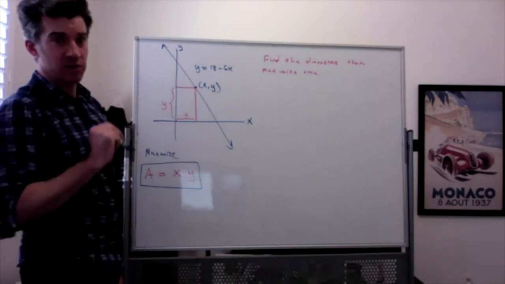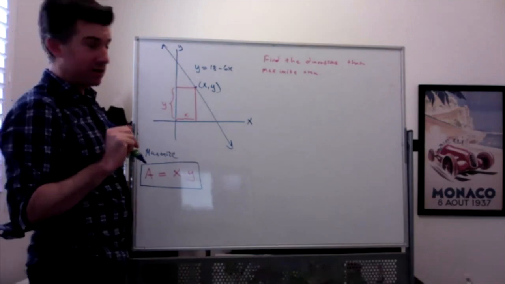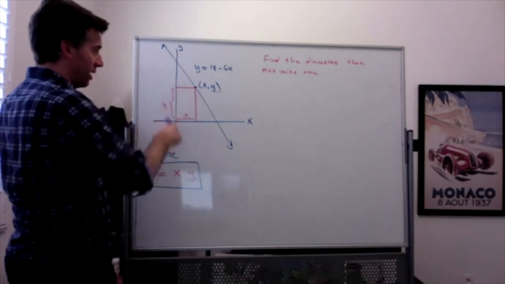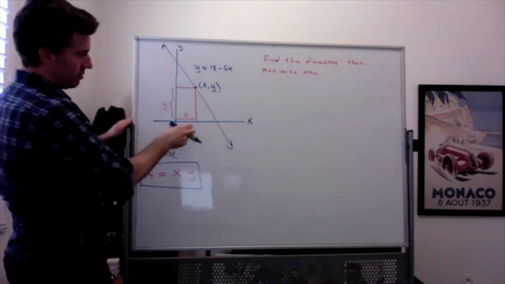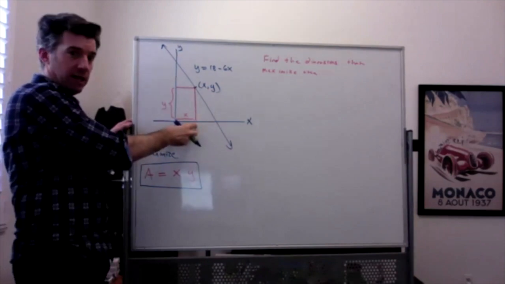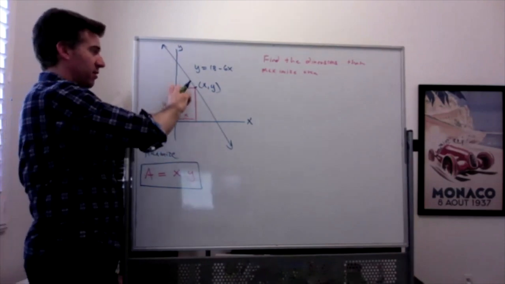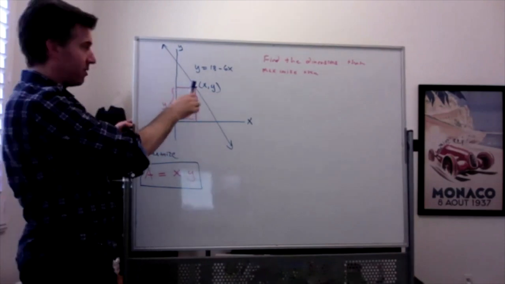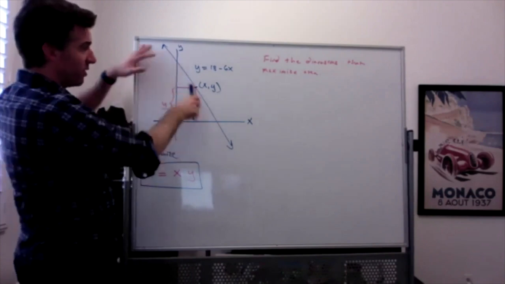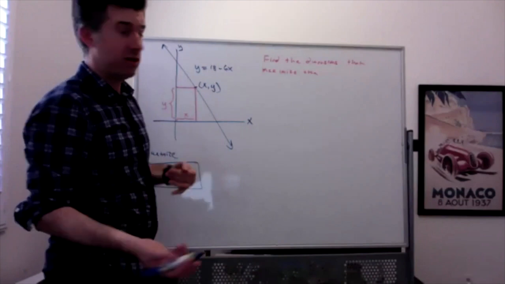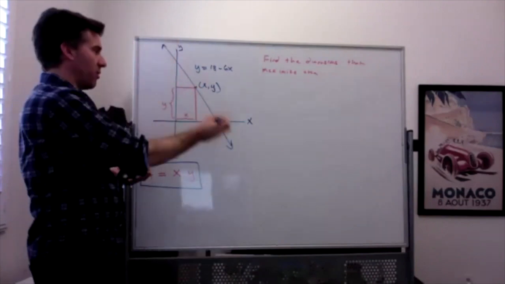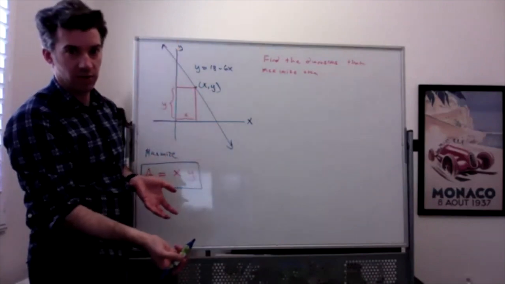I have a constraint. The constraint is that this rectangle is inscribed in this triangle, meaning that the bottom of the rectangle is on the x-axis, the left side of the rectangle is on the y-axis, and this corner here is within the triangle. And if you want to make the rectangle as big as possible, this corner should actually be somewhere on the hypotenuse of this triangle.